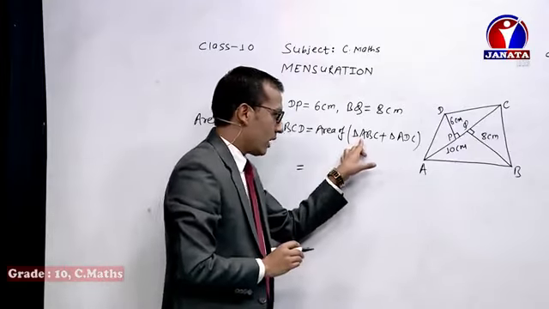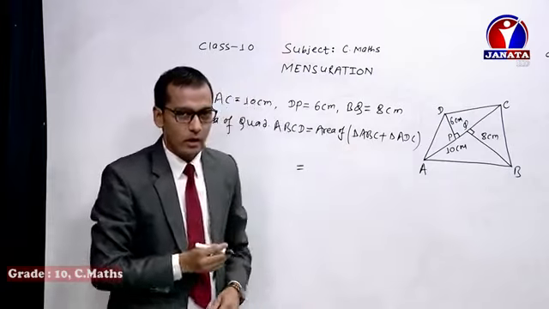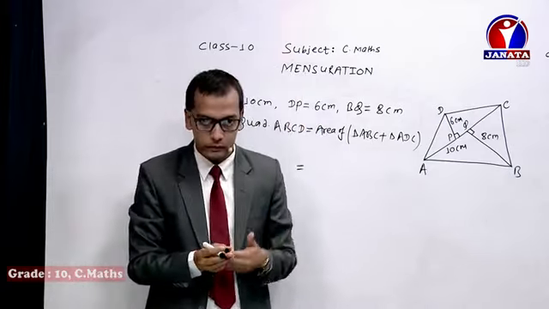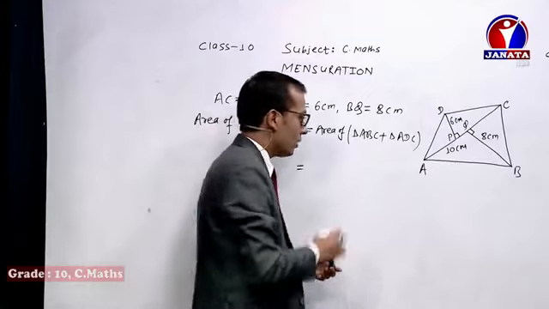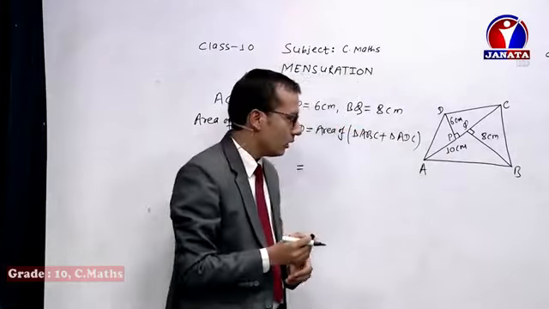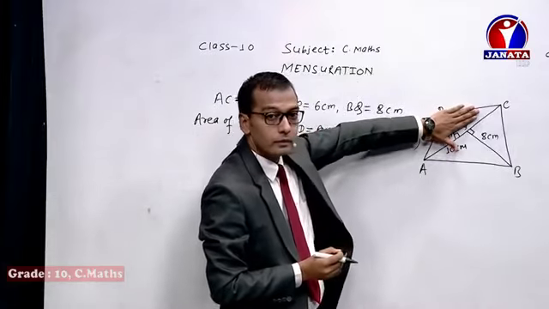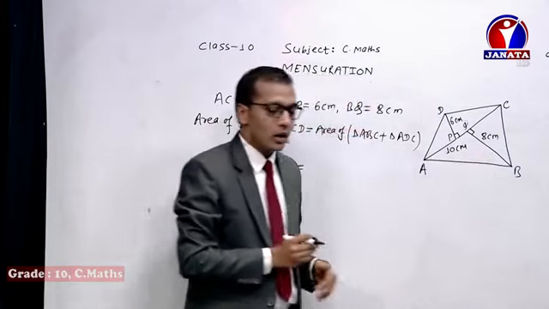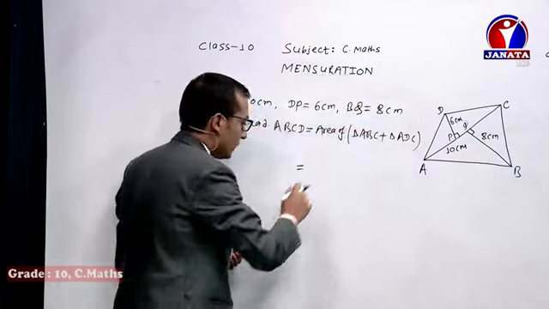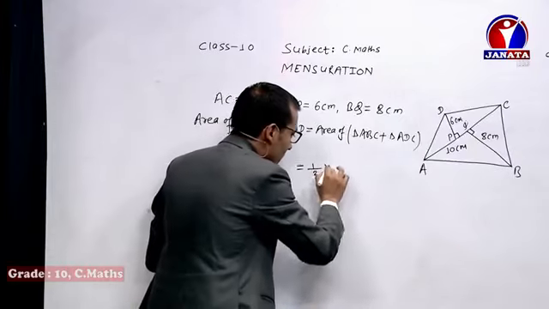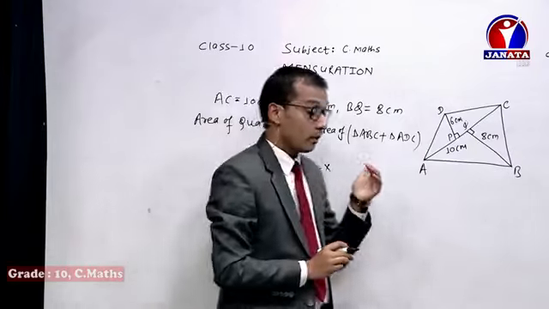So for area of triangle ABC, we know area of triangle is 1/2 of base times height. Just look at ABC triangle. We can cover upper part of this figure and find area of lower triangle. What is the area of this triangle? Area of this triangle is 1/2 times, what is base?